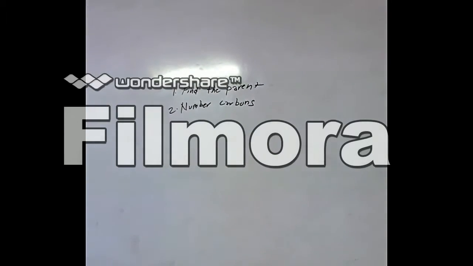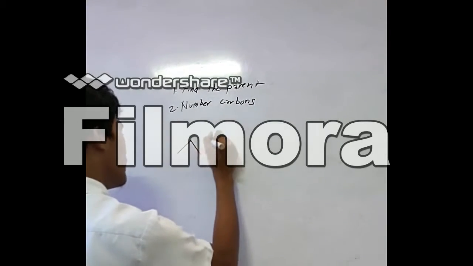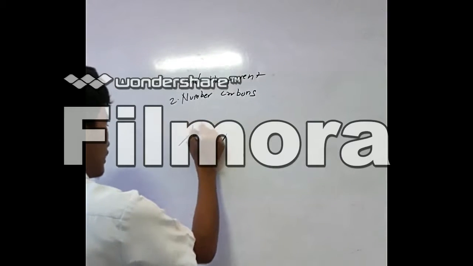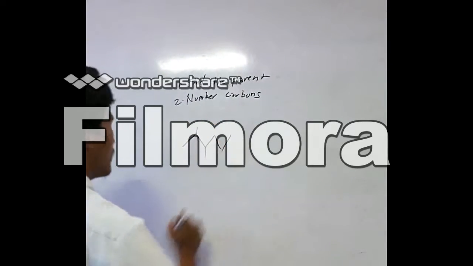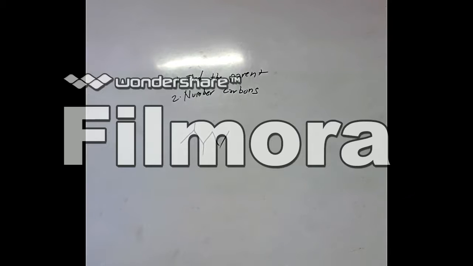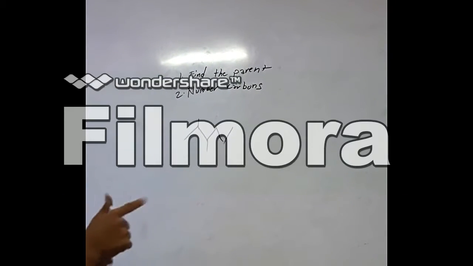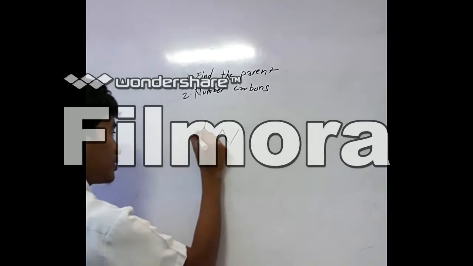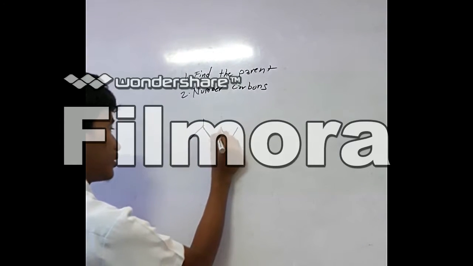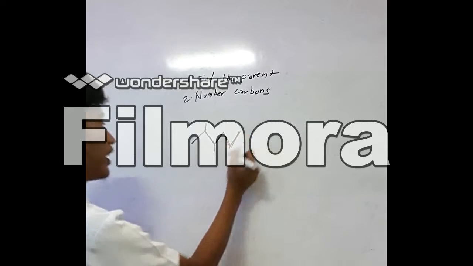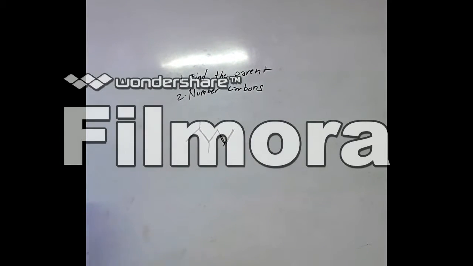Now, moving to a more complicated example. First we must find the parent, which is this. Now, we number the parent.